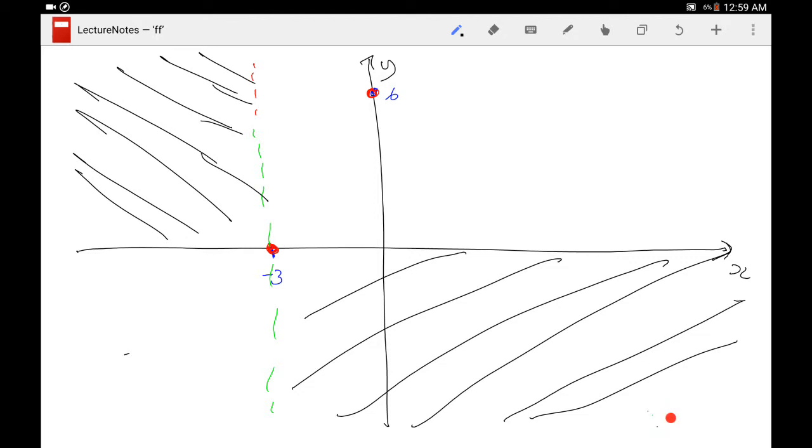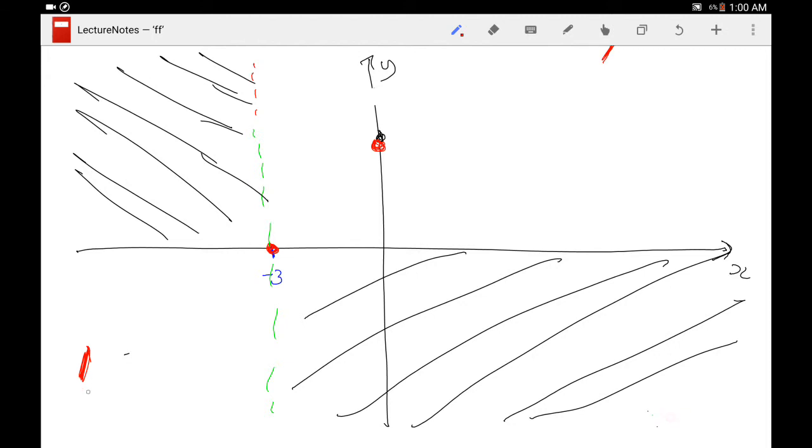Actually this 3 I should mark a little bit above, if I keep the same scale, 3 is somewhere around here. And 6 I should put a little below if I keep the same scale. So now the behavior of the end, it looks like x cube, so it has this behavior. Here it will go down, and in this region it will go up. Now what is left is to connect these points.